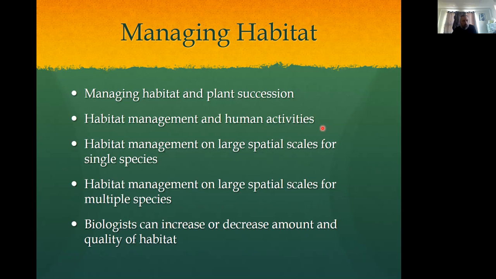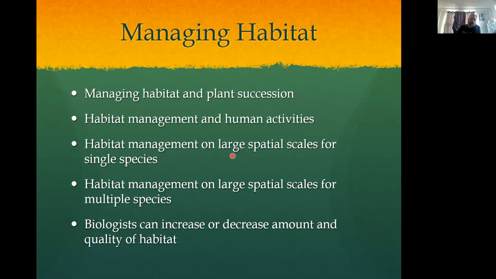Animals, generally speaking, don't like to hang around people. And so if you've got a highly used hiking trail, for example, the area around that hiking trail, even if it was otherwise perfect, won't be used, right? It becomes unsuitable. It becomes non-habitat at that point. And so again, that's another thing that you need to consider.